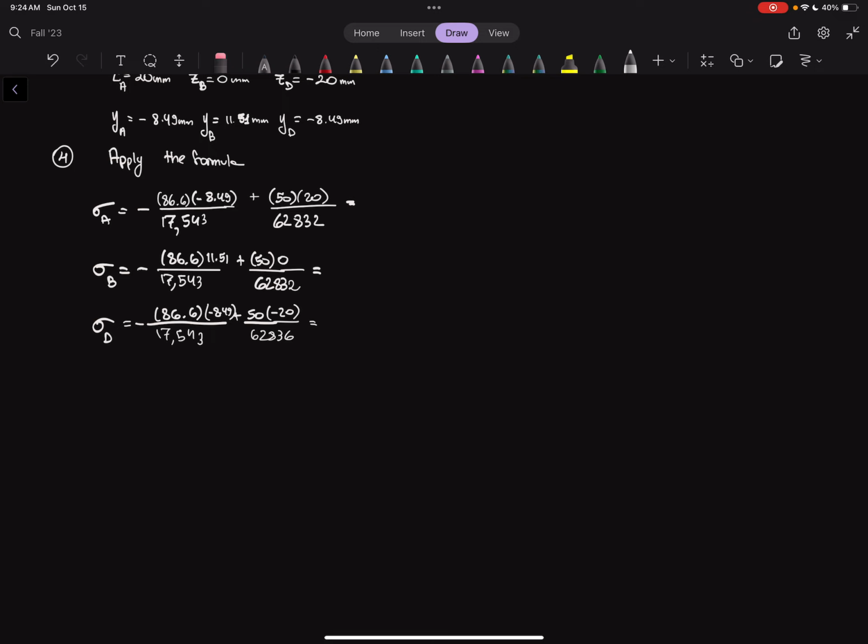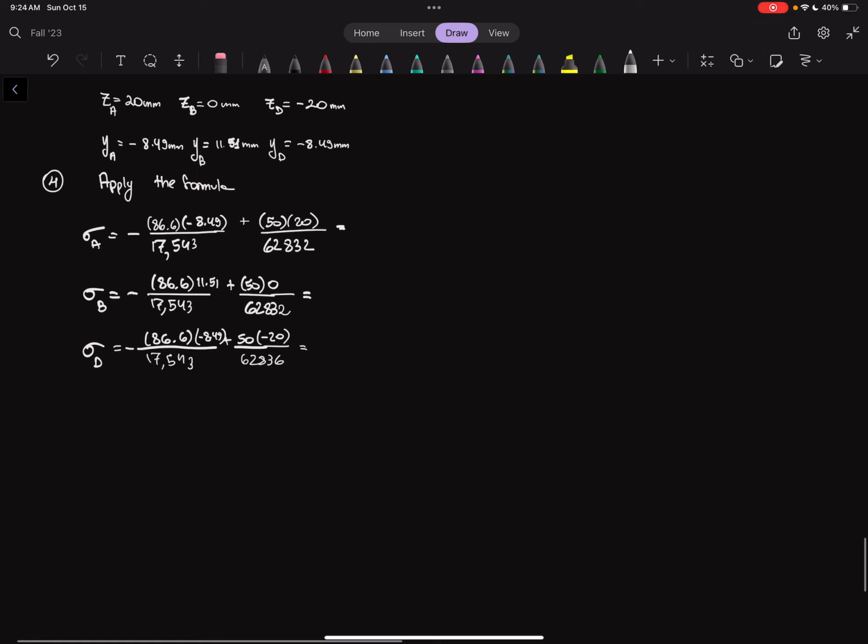And then we're going to have plus 50 times 20 divided by 62832. And we get, what do we get? We get 0.057 megapascals.